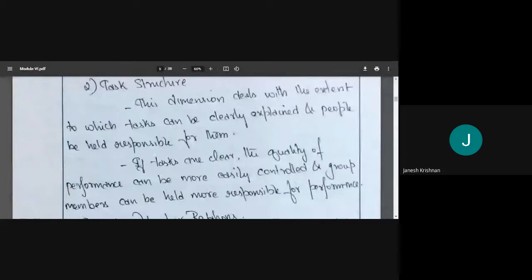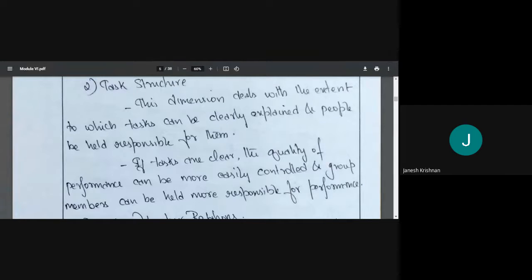Or if I say 100 red pens have to be prepared, then I'm able to control the performance easily. If I see the person is not making 100 despite having the situation for it, then his performance is lacking, so I can make corrections for that. So it's easy for me to control, and people can be held responsible also.